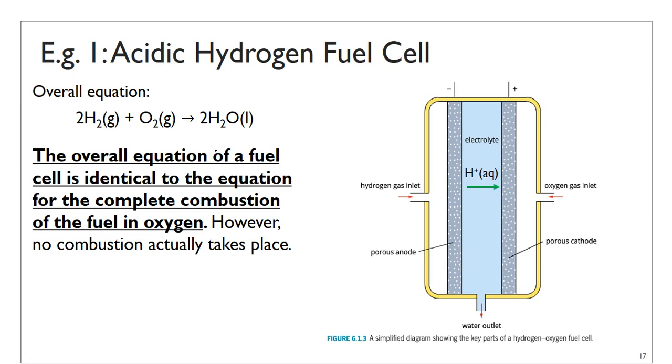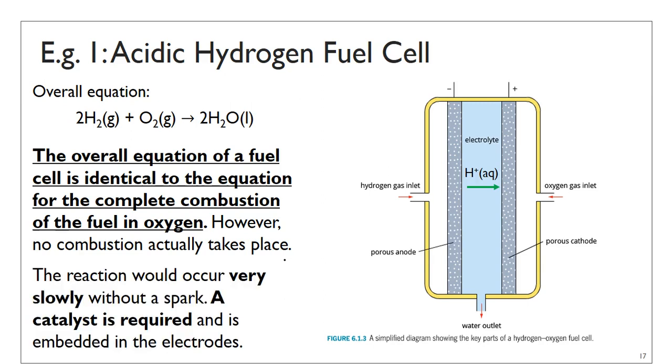Obviously not in oxygen. However, it's important to keep in mind that no combustion actually takes place, because there's no direct contact between the oxidizing and reducing agents. Instead, they are separated, so energy, instead of being released in the form of heat, is released in the form of electricity.